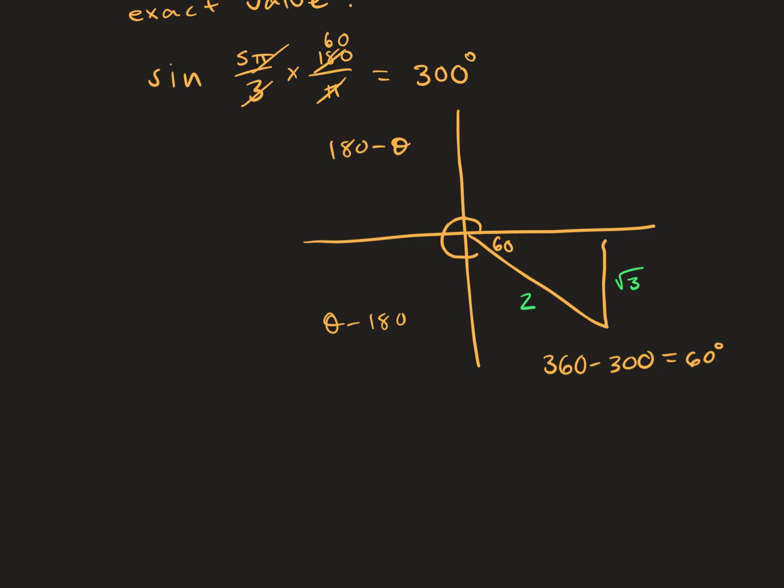So to find the sine, that's just opposite over hypotenuse. So the sine of 5 pi over 3 would be square root 3 over 2. Is the sine in the fourth quadrant positive or negative? Negative. So this would be negative square root 3 over 2.